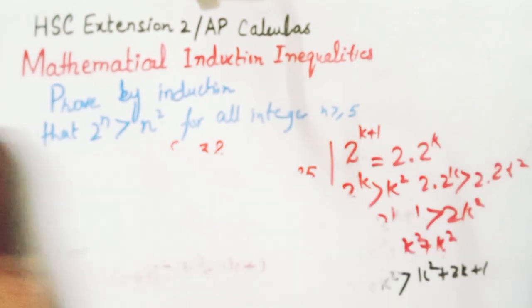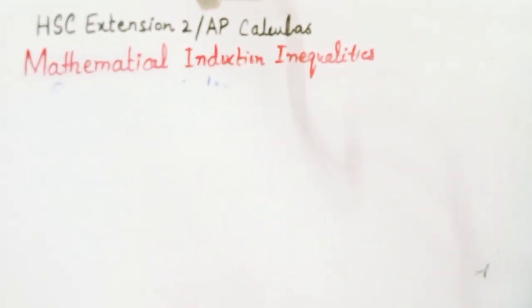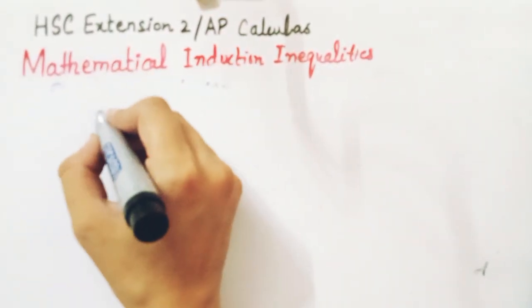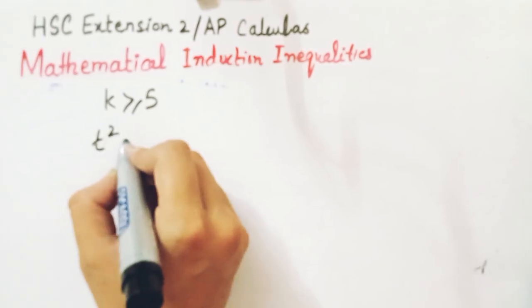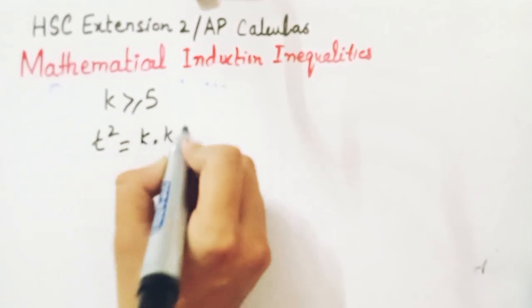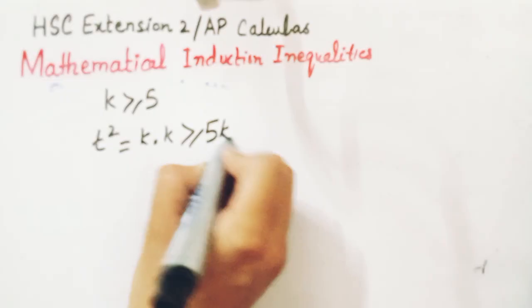We will solve this as k is greater than or equal to 5. K square equals k into k, which will be greater than or equal to 5k.